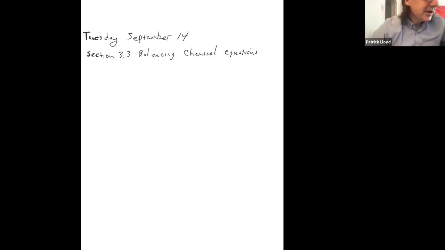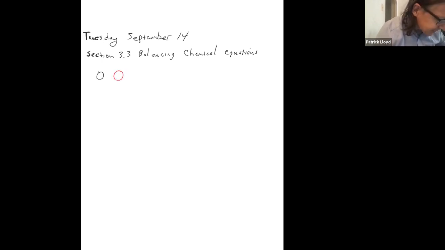So let's talk a little bit about a chemical equation. It becomes somewhat burdensome to represent atoms with little balls, right? For example, I might have that one. Here's another atom.